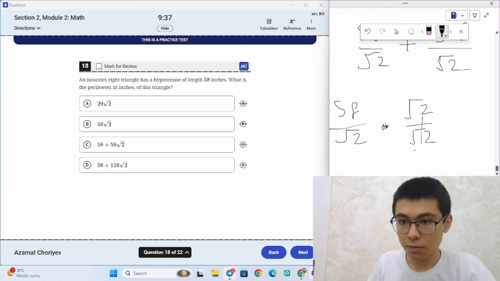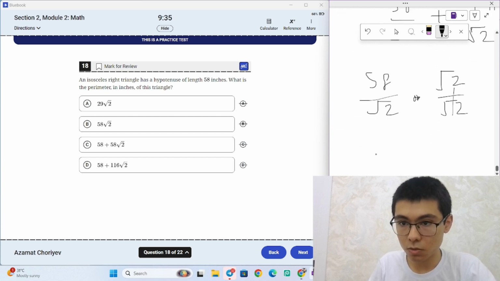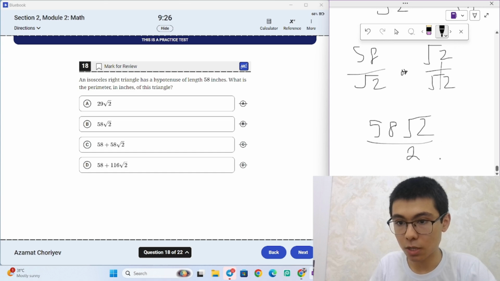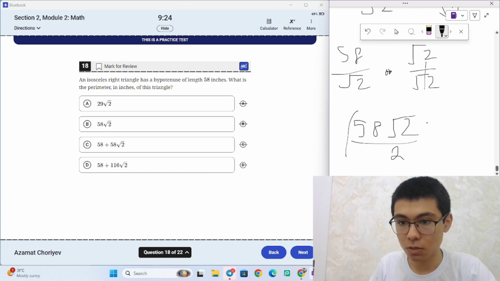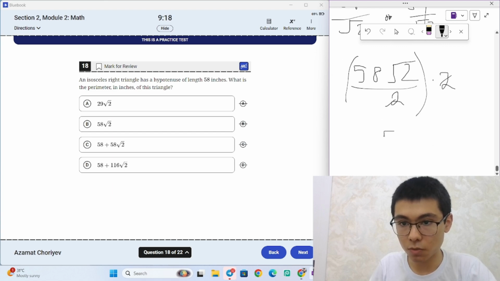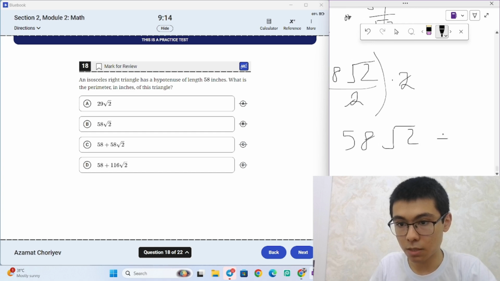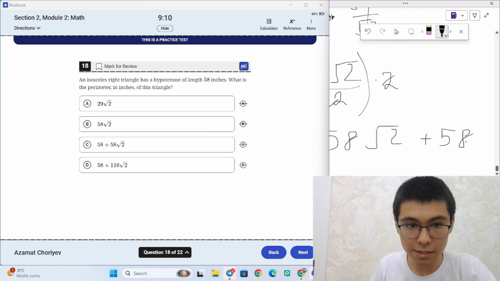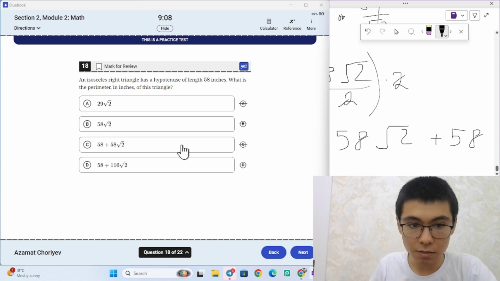So from here, we have 2 of those, so it's going to be 58 times the square root of 2, and the 2s cancel out. So 58 times the square root of 2 plus 58. Which answer shows that? C, right?